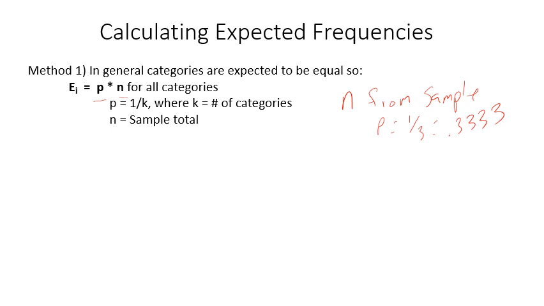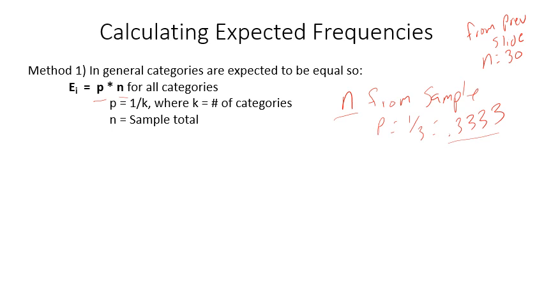But then to get the expected, we need to multiply that 0.3333 times our n for each category. When the categories are expected to be equal, the expected is going to be the same for each category. So you just need to do this once. In my example on the previous slide, n equaled 30, because we counted 30 cars going by.